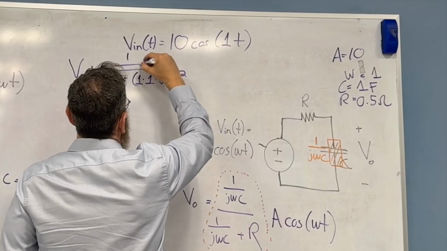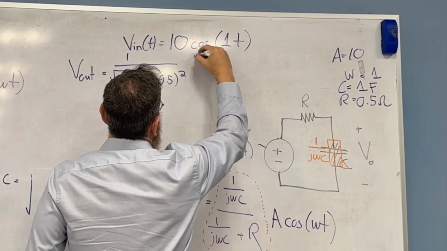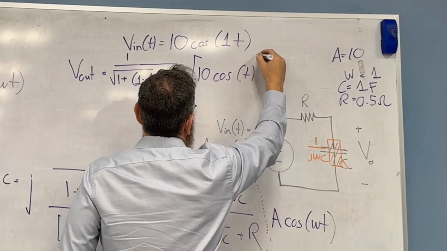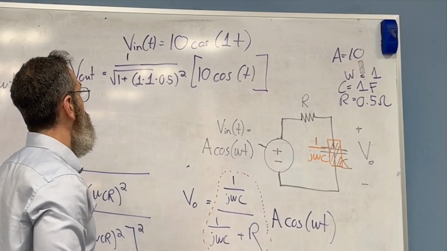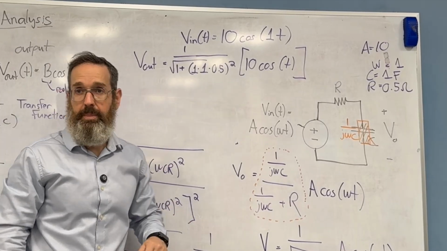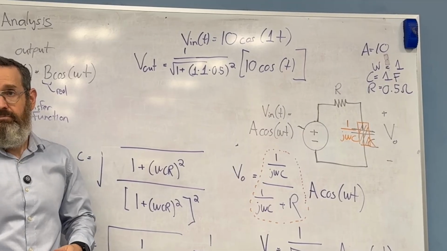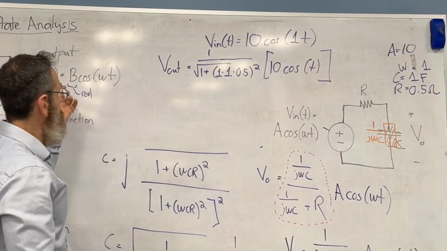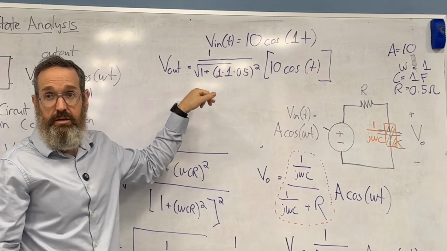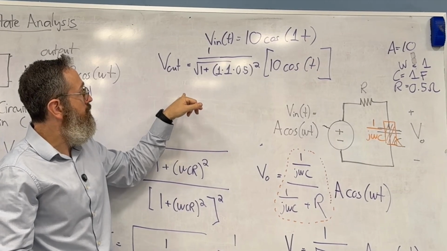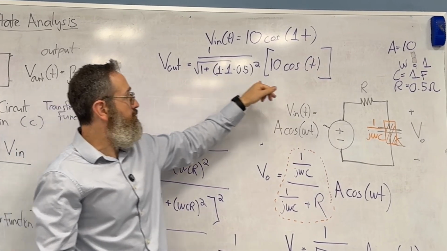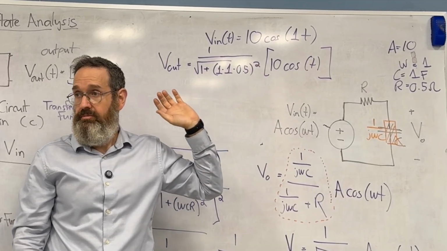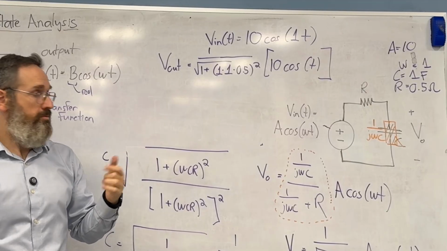And all this times V in, so all this times 10 cosine of t. So whatever this comes out to be. If you were given specific numbers, you can see we have what we need. This is just a number, whatever it comes out to be, maybe around 2/3. You're going to be multiplying this by that number, and we're done. So that's how you do it with actual numbers.